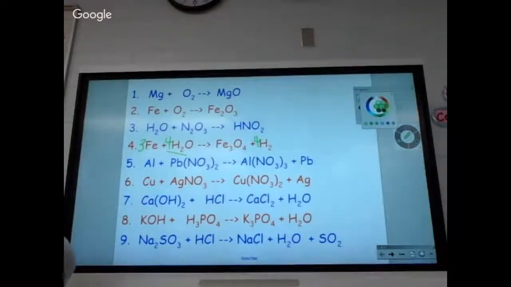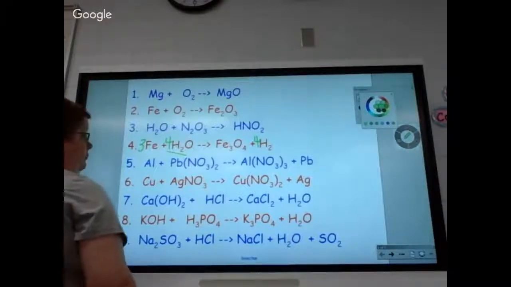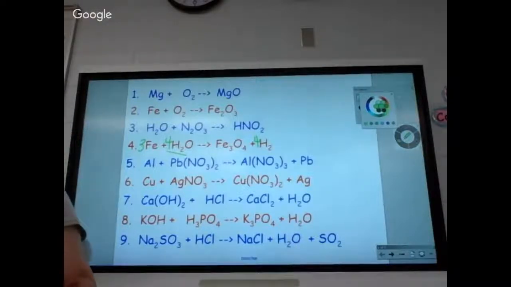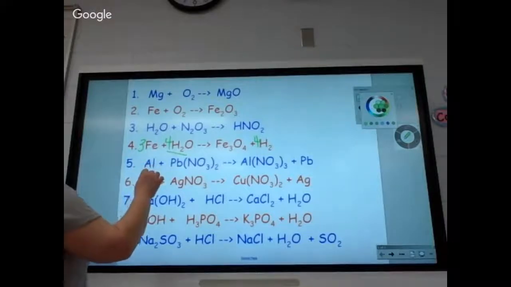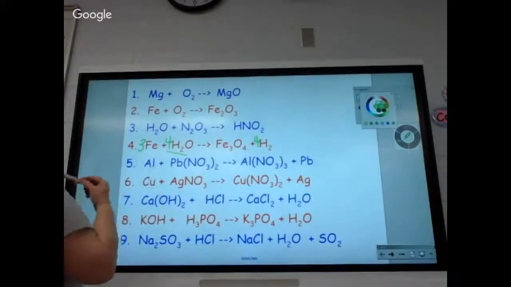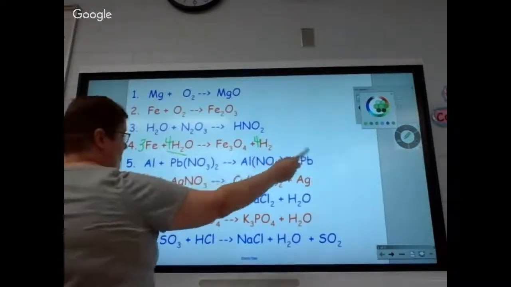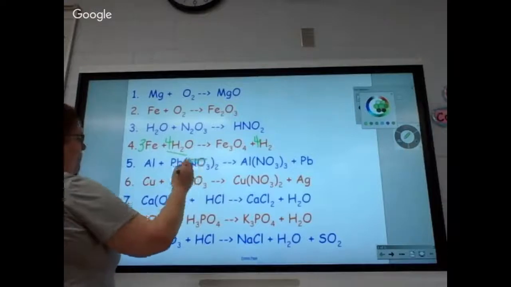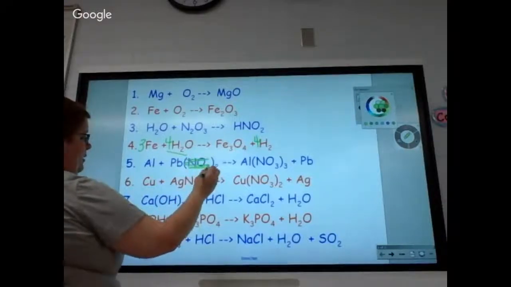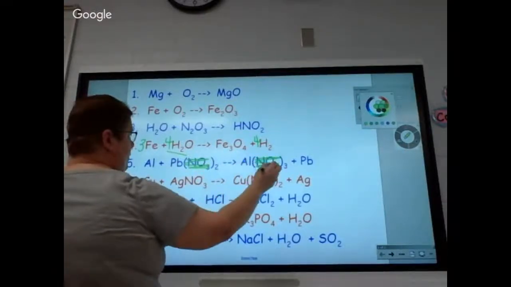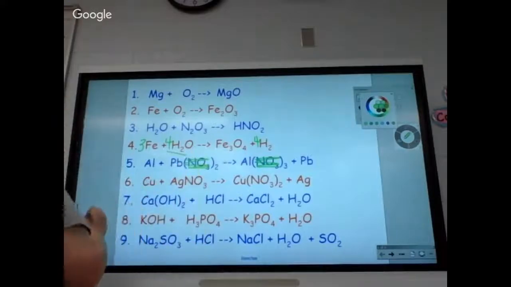Number 5. What did you balance first? I would not have picked Al because they're both ones. Pb has nothing on it either. Nothing. N-O. There's how many in here? 2. And how many over here? So if there's 3 and 2, we'd have gone to what? 6.